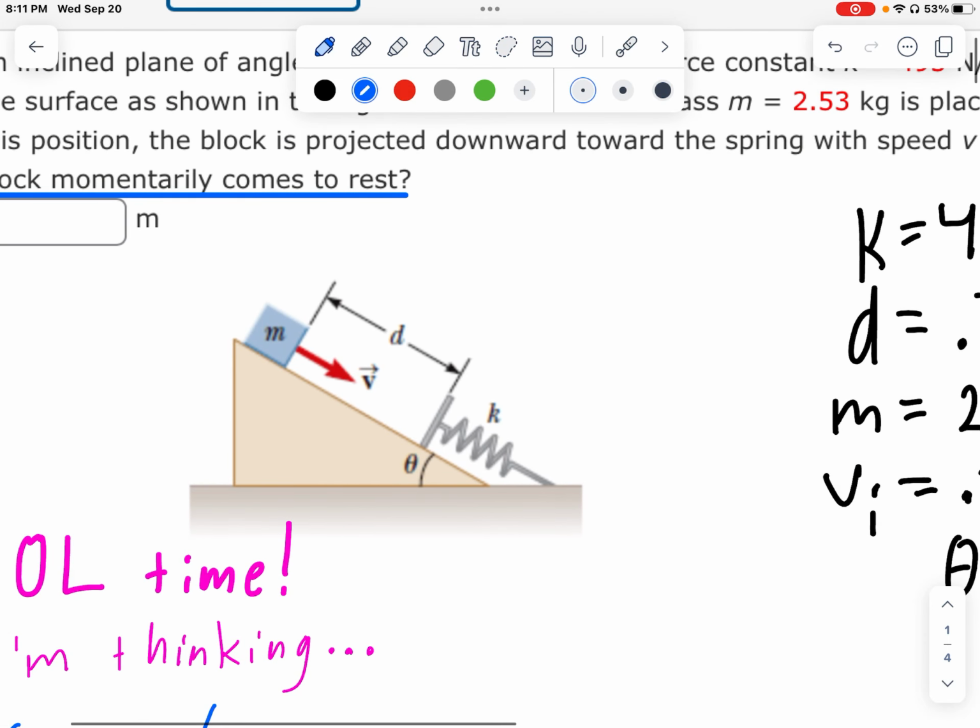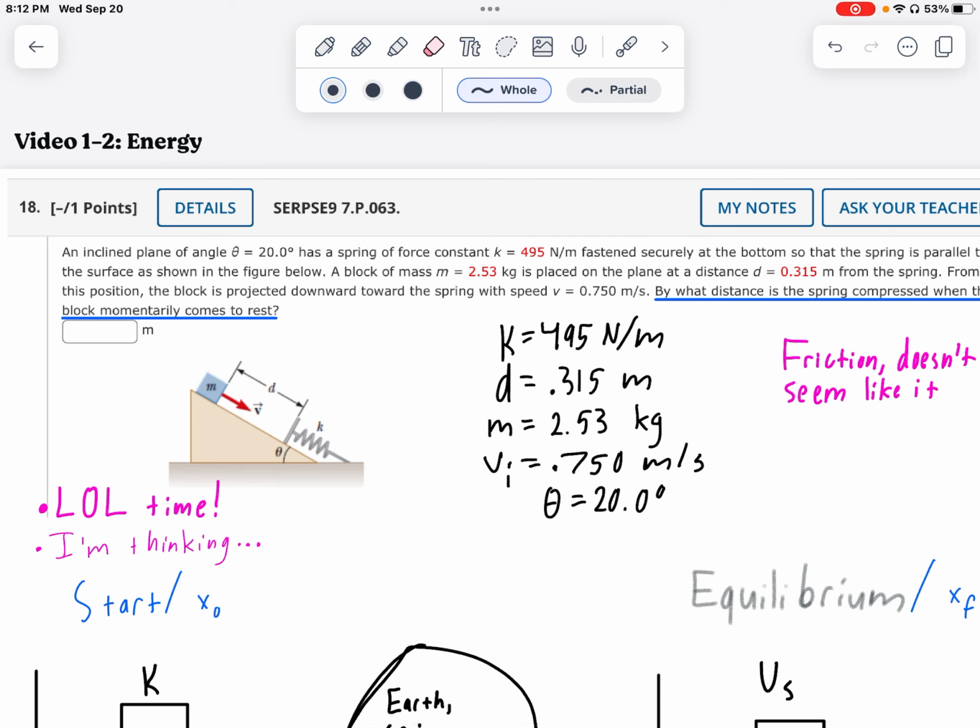If I draw this in, this is the distance that the block covers without touching the spring. And now we have to find the distance that the spring compresses. Let's write down our givens first. Spring constant, k equals 495 newtons per meter. Distance between the block and the spring.